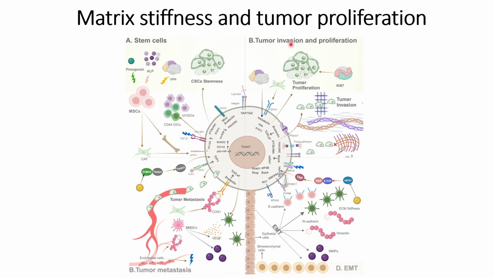And in terms of tumor invasion and proliferation, matrix stiffness not only helps in tumor proliferation, which can be monitored through Ki67, but the tumor composition also plays an important role in determining how the tumor proliferates and invades.